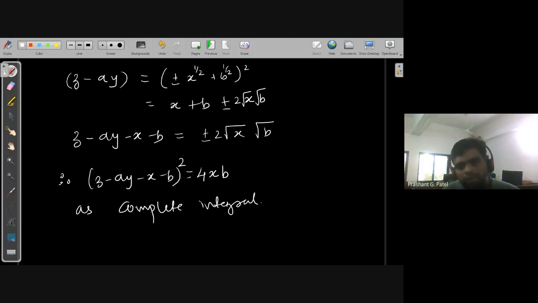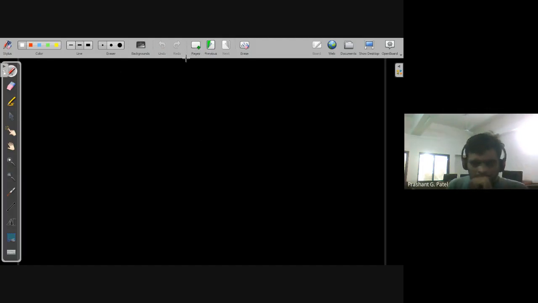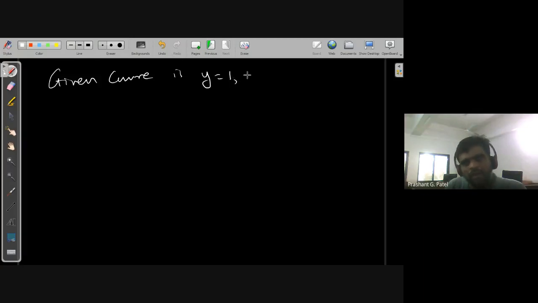Now our objective is to eliminate a and b from this by putting in the given curve. The curve is given in Cartesian form: y equal to 1 and x plus z is equal to 0.